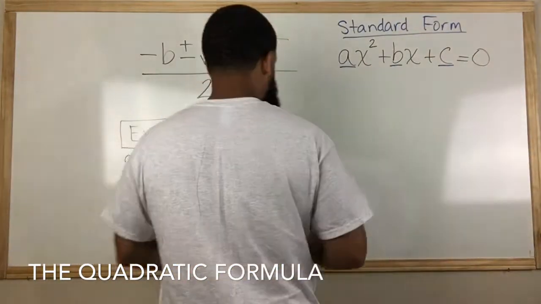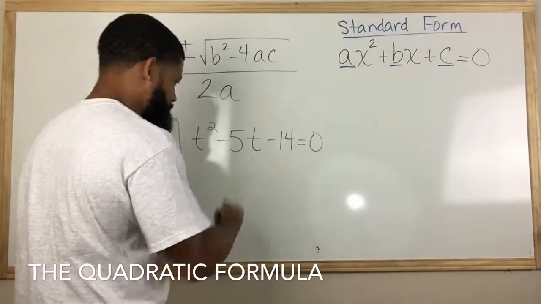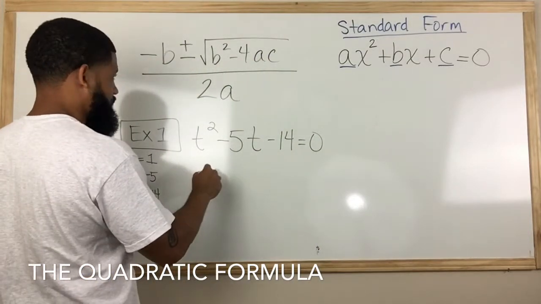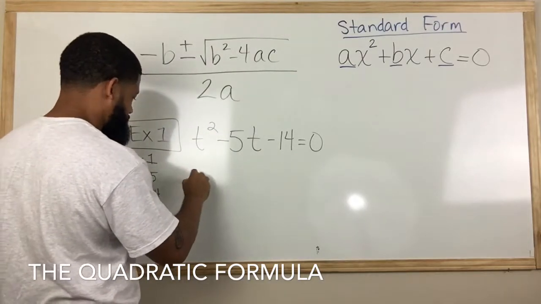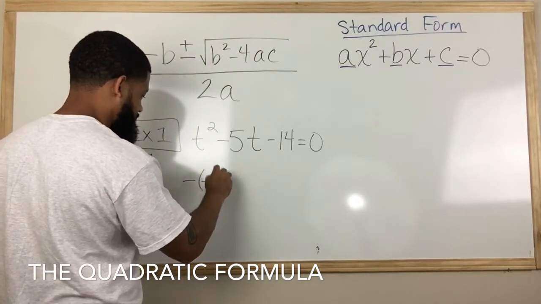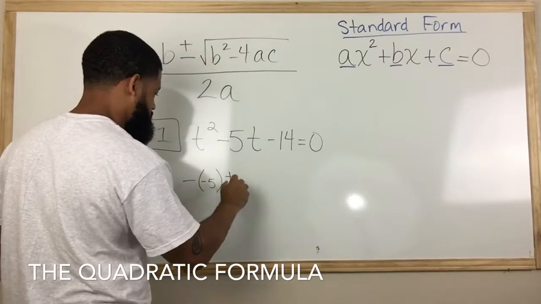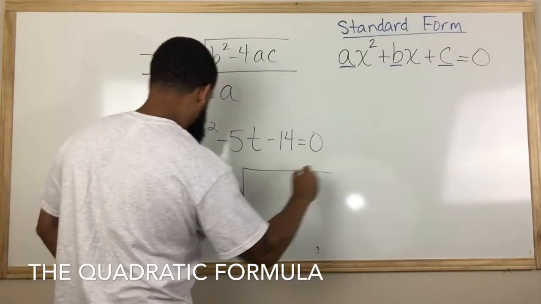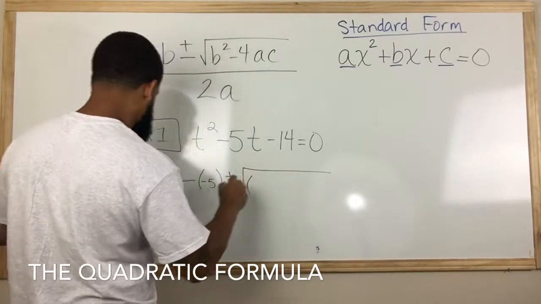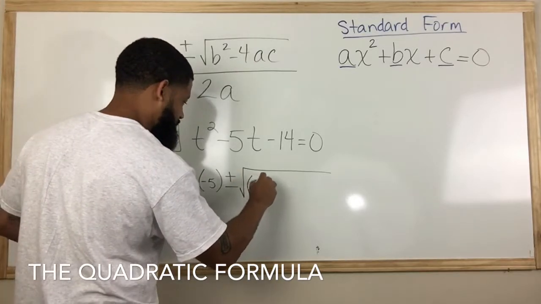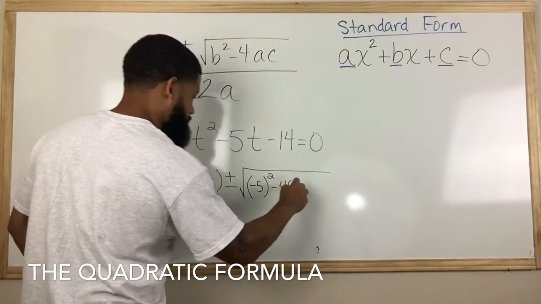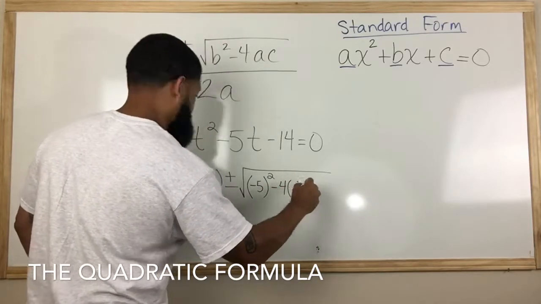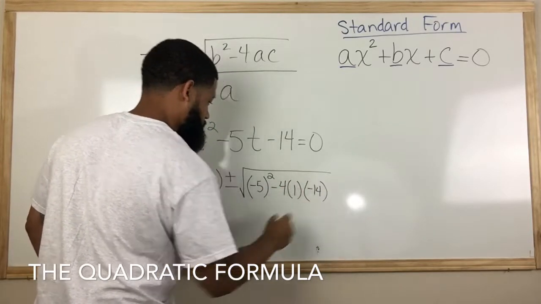So let's go. Here we go. We can do it right here. So we can say negative b, so the opposite of b. So we have the opposite of negative 5, and then we're going to say plus or minus the square root of b squared. B is negative 5, so negative 5 squared minus 4 times 1 times negative 14, okay?